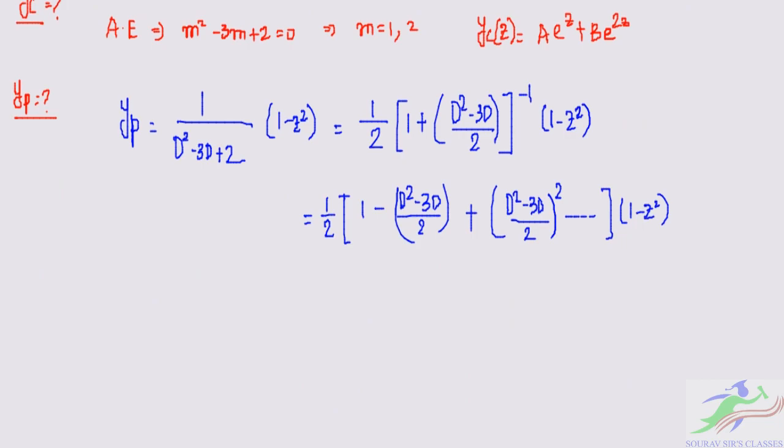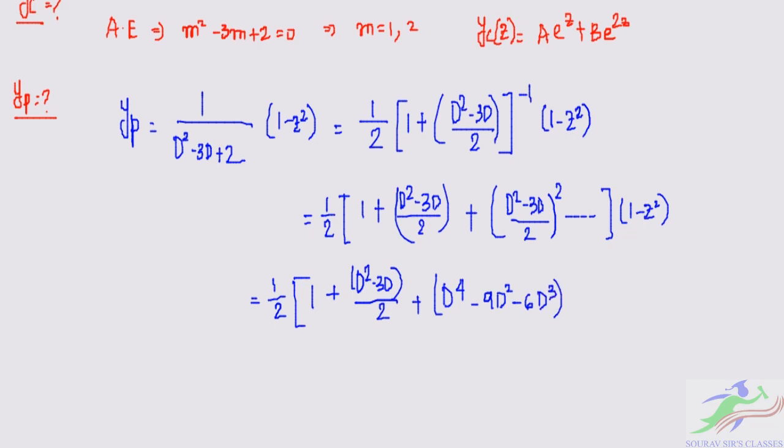From here we get half of 1 plus d2 plus 3d by 2, plus d to the power 4 minus 9d square minus 6d cube.